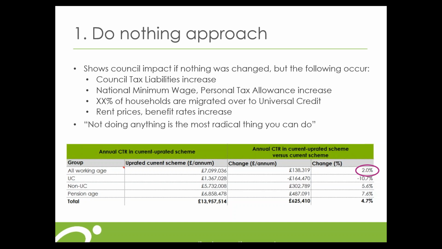And when you add that up across the whole of the scheme, that might mean significant savings for the local authority. However, for local authorities such as Wolverhampton that don't have that many households in work, keeping the default scheme and not doing anything doesn't make very many savings at all. It's effectively just costing as much as the cost increasing in line with the CT liability increase.